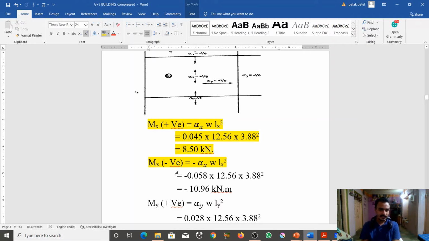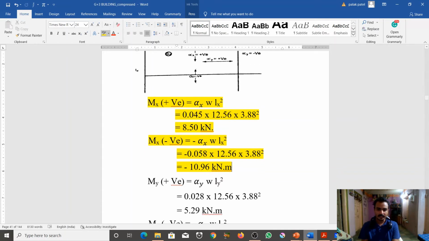Okay. Second, for the negative, alpha X w Lx square. So alpha X negative is 0.058, w 12.56, Lx 3.88 square. So Mx is minus 10.96 kilonewton meter. So these are the Mx negative at the support.